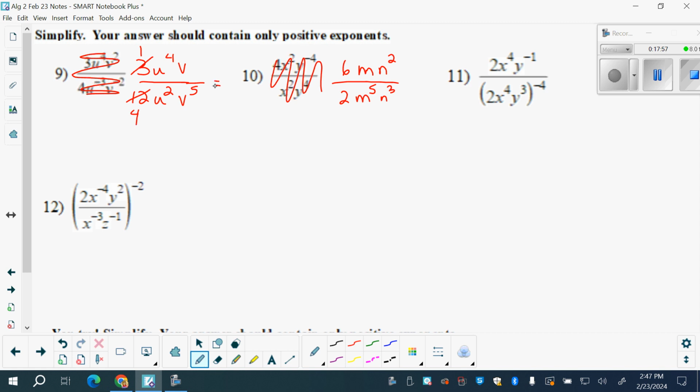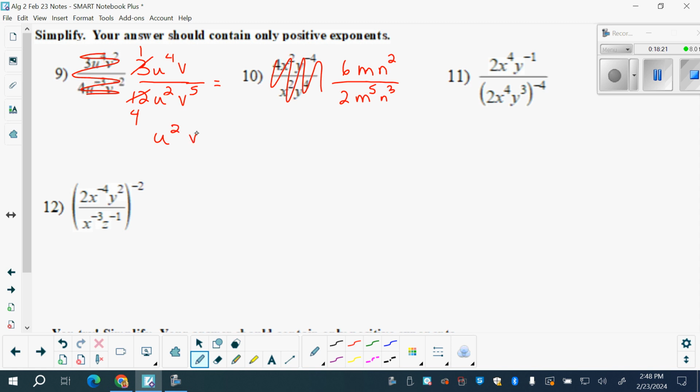So then what do we do with the exponents when we're dividing? Subtract. So we get u to the 4 minus 2, so it would be u to the 2nd.